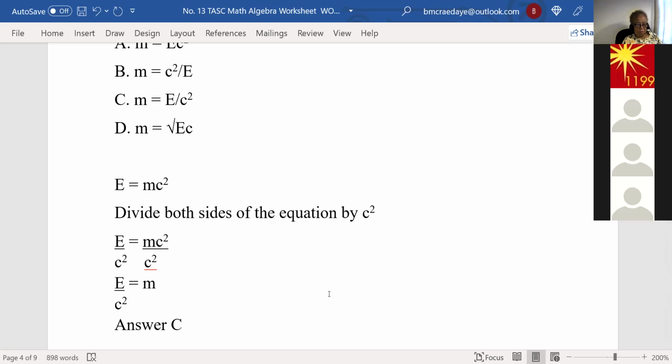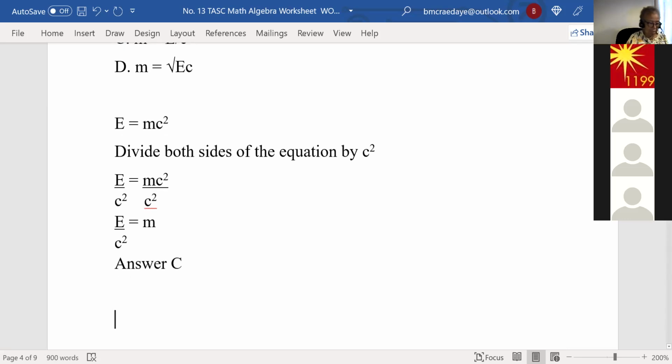Let me just give you another one. Now, what is density equal to? Anybody remember? Density is what? Mass divided by volume, right?